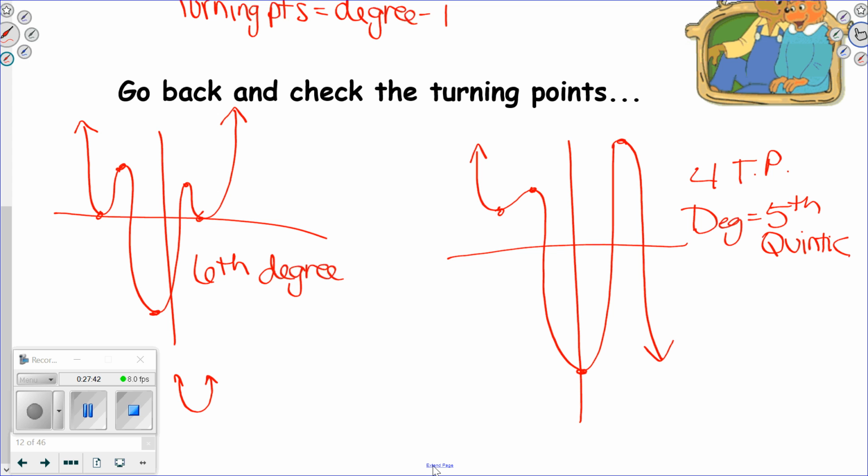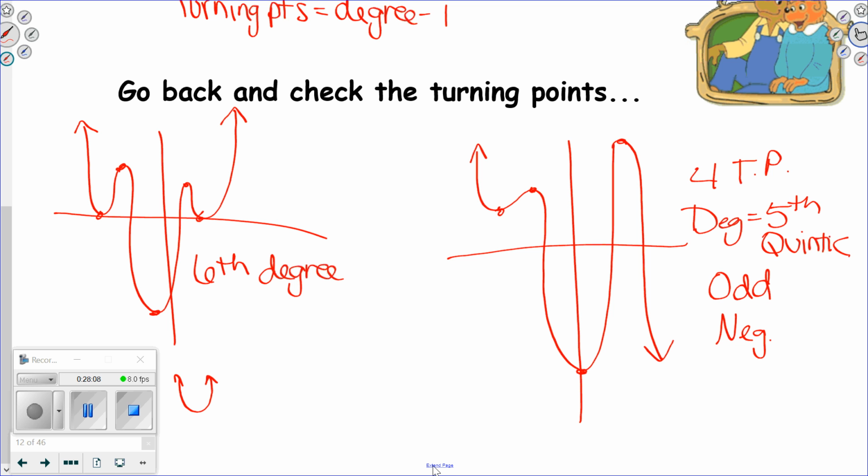I have a test question every year that drives me nuts. People will have a graph like this, and I'll ask them, based on the graph, what the degree is, and then if it was even or odd. And I have people who say it's 5th degree, that's even. 5 is odd. Hello? So that would be odd. And is it positive or negative? It's negative. Good.